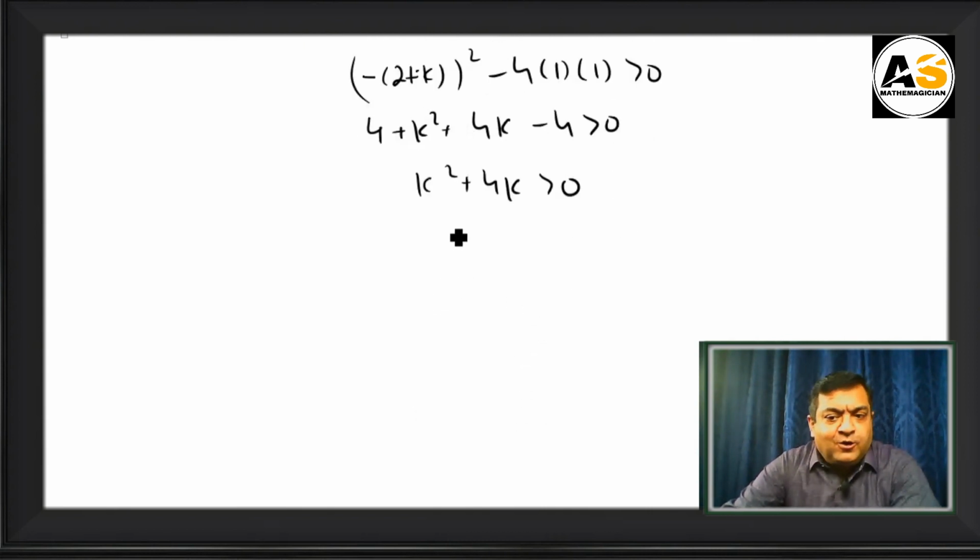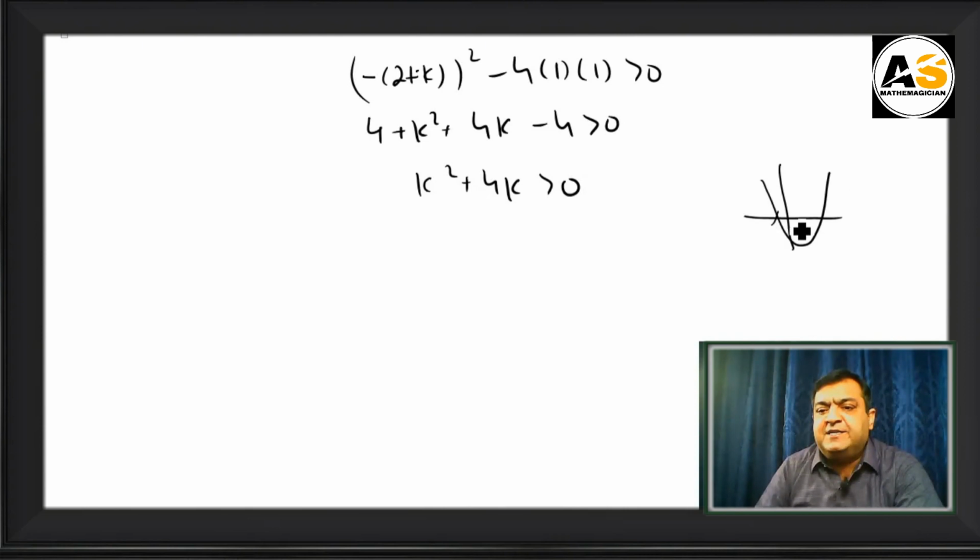Now we have come across another quadratic equation, and this quadratic equation is to be positive. And remember, the coefficient of k square is positive, so this equation will have a graph like this. This will be positive beyond its roots. So we will find its roots.